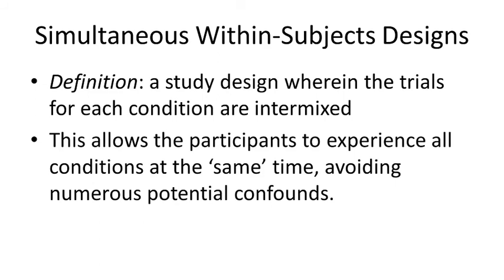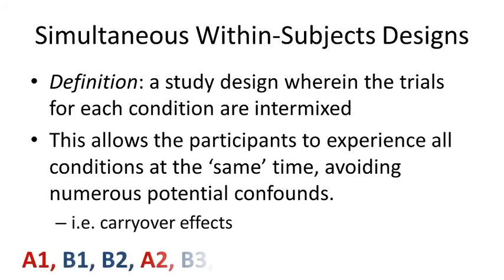What this basically allows you to do is have the participants experience all conditions at the same time. Obviously not at the exact same time, but you're trying to get them to experience treatment and control as simultaneously as possible. As you can imagine, that would be wonderful if you could do that. It'll help you avoid numerous potential confounds, such as carryover effects.